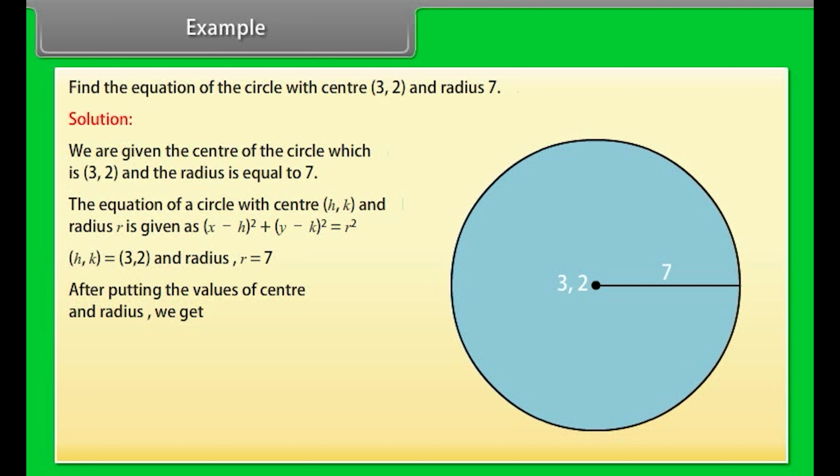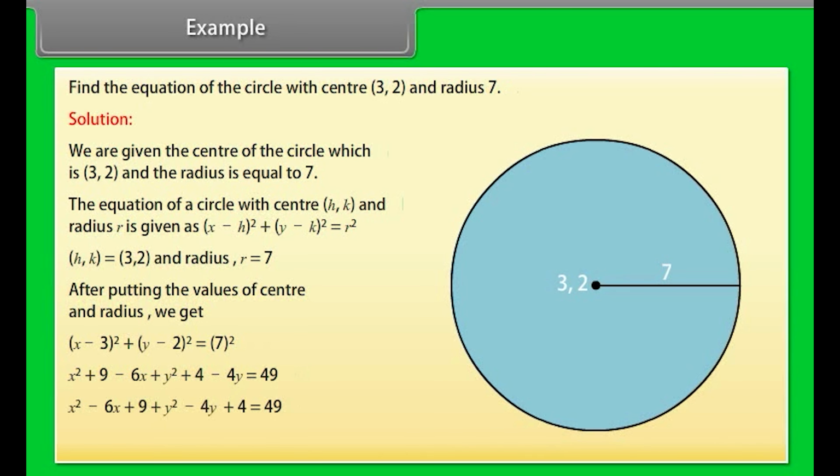After putting the values of center and radius, we get (x - 3)² + (y - 2)² = 7². By calculating it, we get x² + y² - 6x - 4y = 36.